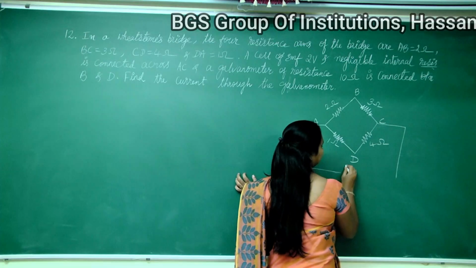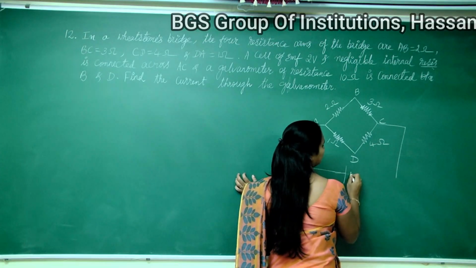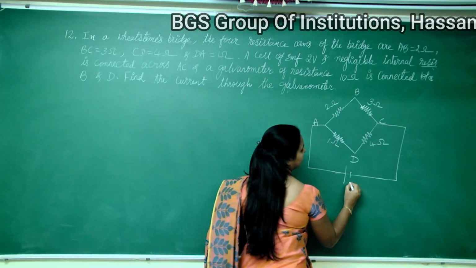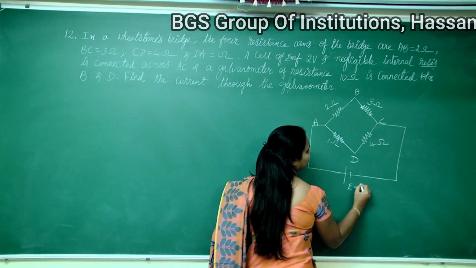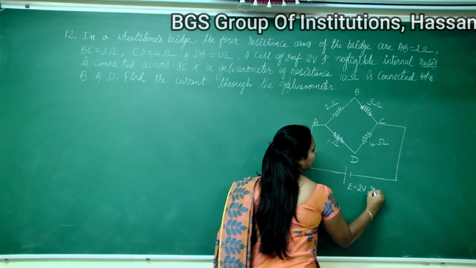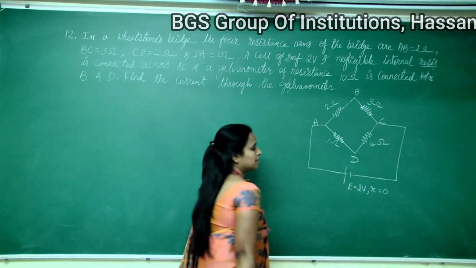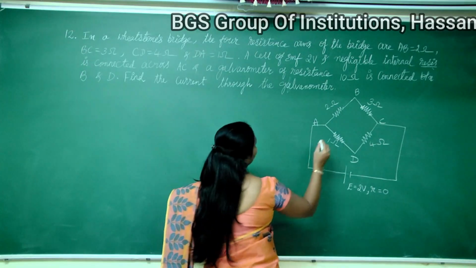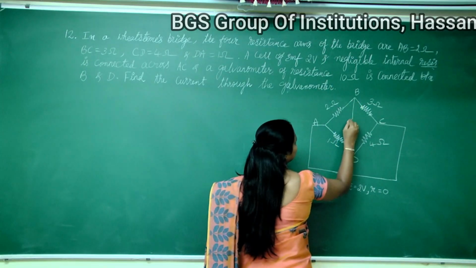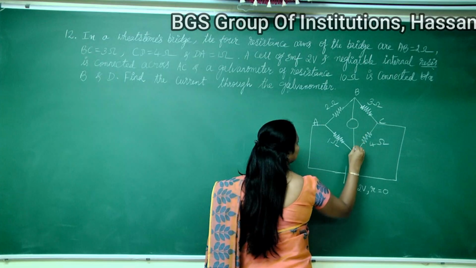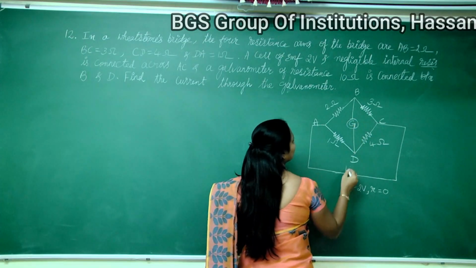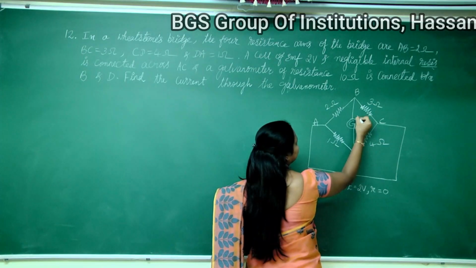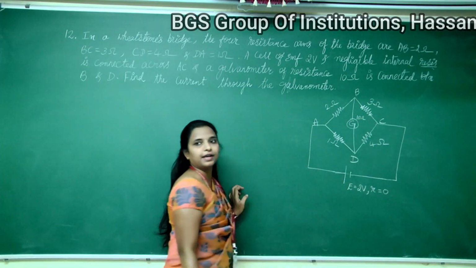The cell is connected there, where EMF is equal to 2 volt and internal resistance is 0. And a galvanometer is connected between B and D and it is having the resistance 10 ohm.